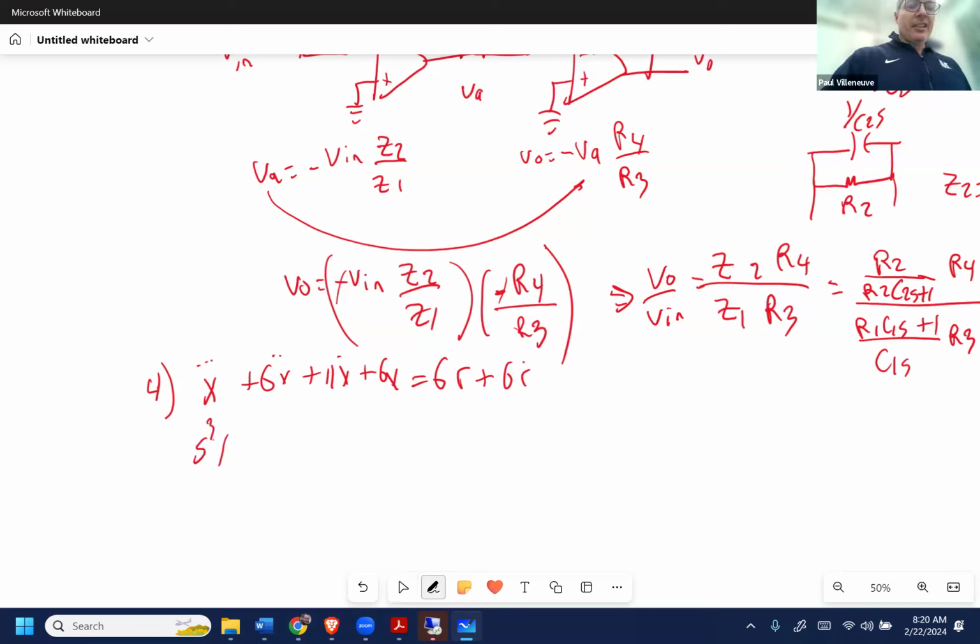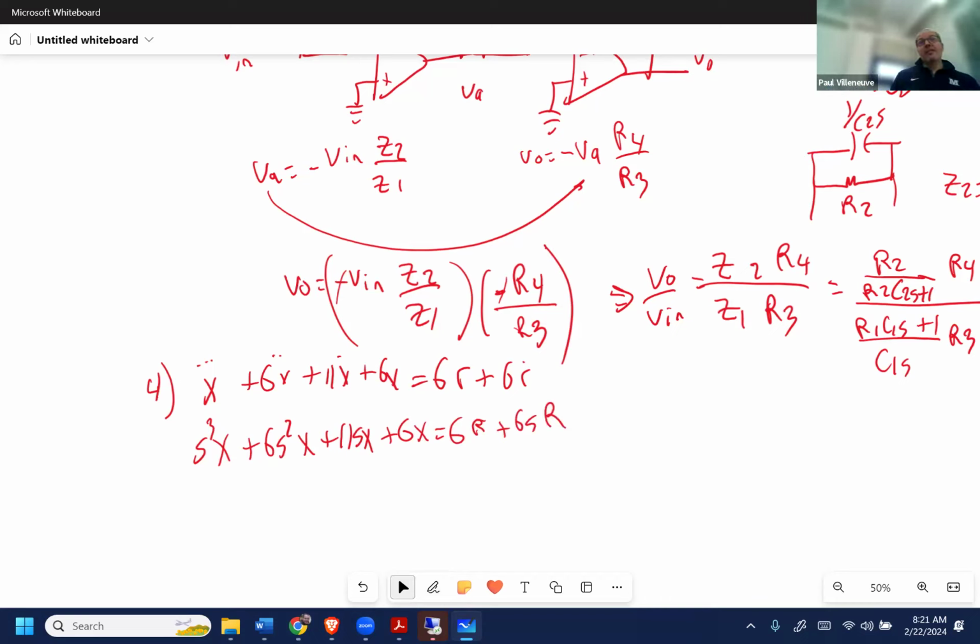So this is s cubed multiplied by x plus 6s squared multiplied by x plus 11s, sorry, multiplied by x. And then this is 6 multiplied by x equals 6 times r plus 6s times r. Notice I didn't include any initial conditions, and that's okay because with transfer functions, you often ignore them.